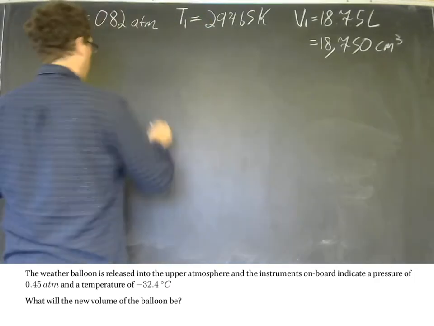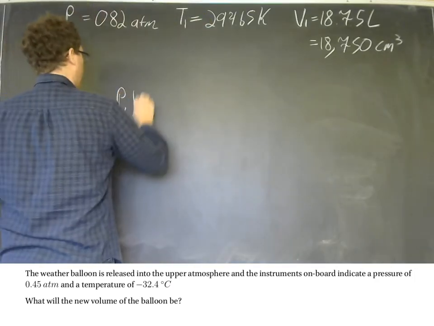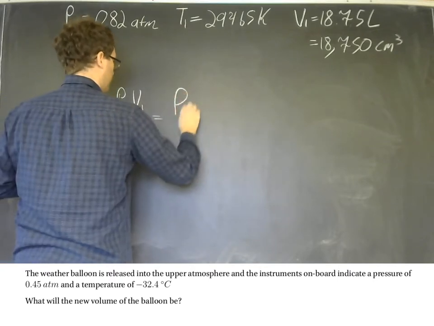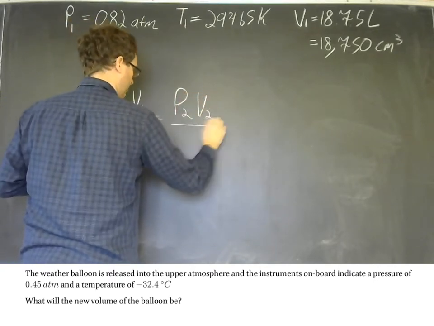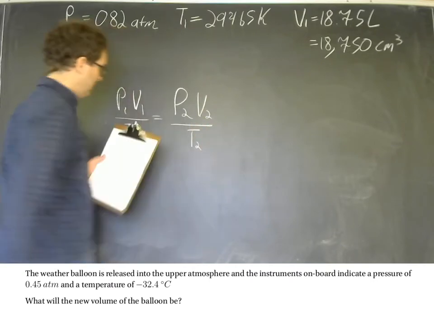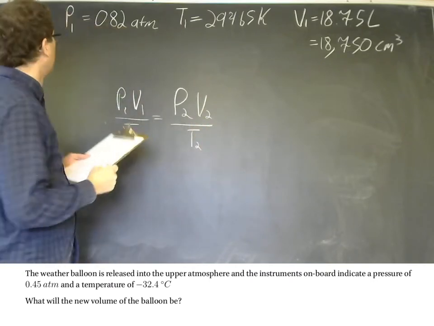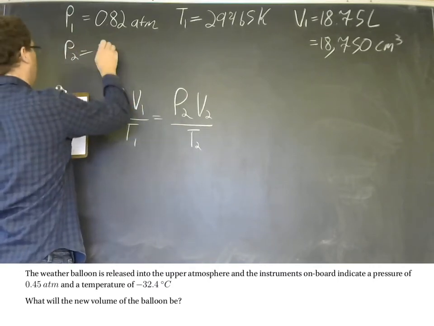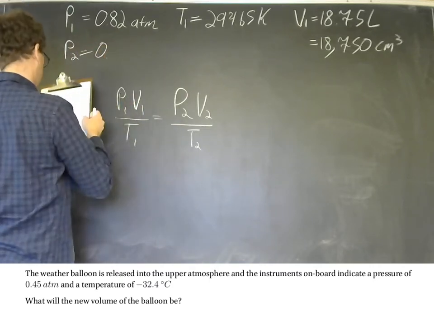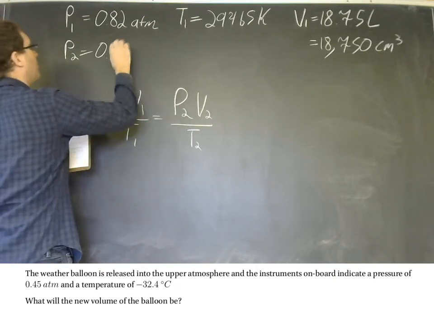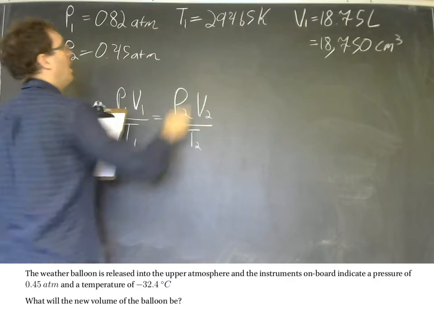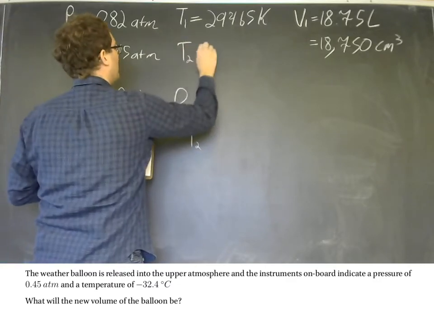What we want is P1 V1 over T1 is equal to P2 V2 over T2. And we're given P2. That is the 0.45 atmospheres. And we're given a T2.